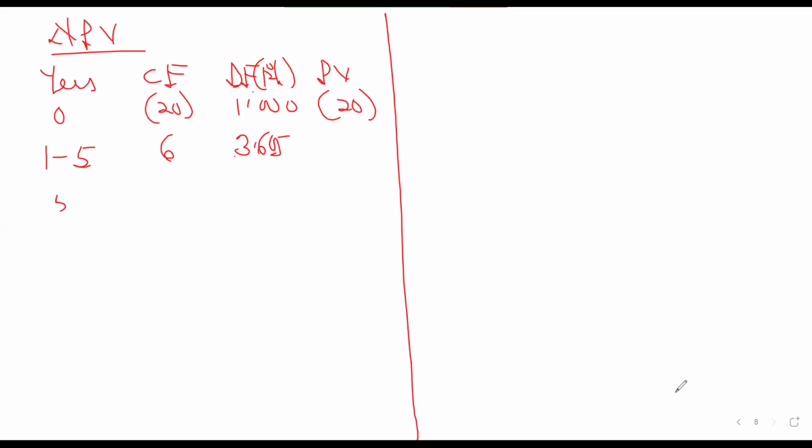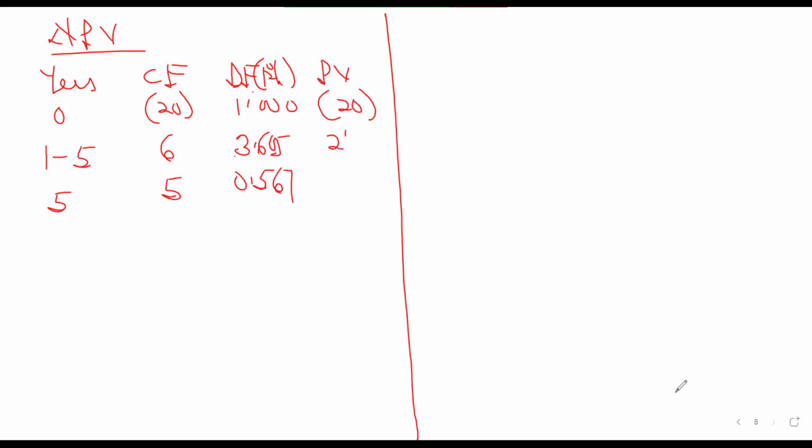Okay, so let's count to the fifth year. What will happen? They will sell the equipment for 5 million. Is that correct? Mm-hmm. Okay. How much are they going to be? What will be the discount factor? 0.567.